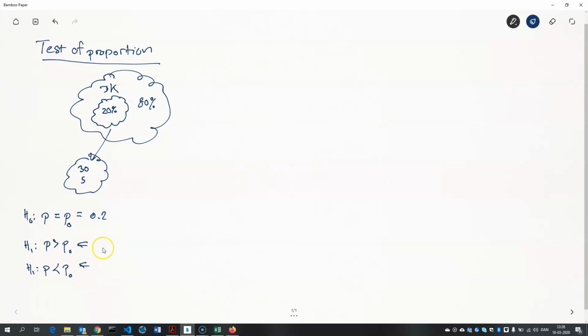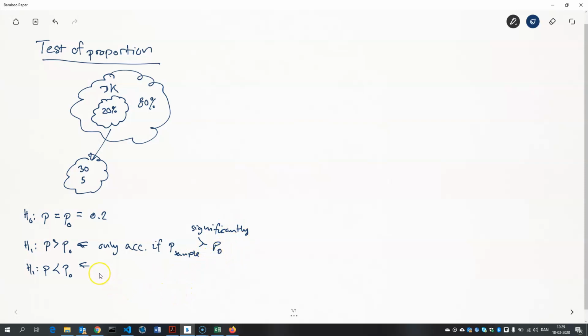If we choose the first one, we will only accept this hypothesis if the sample proportion is significantly greater than P0.